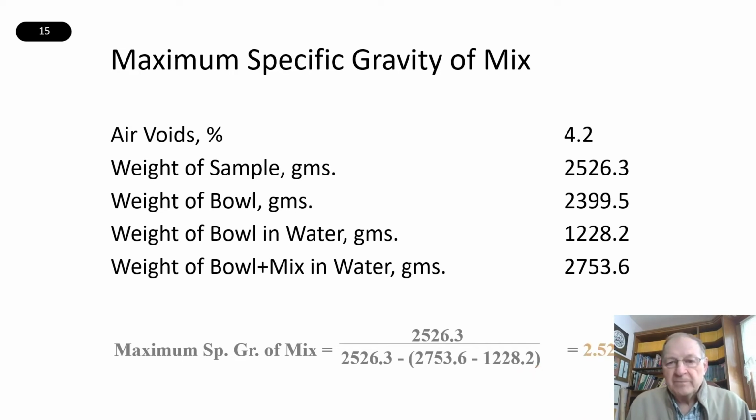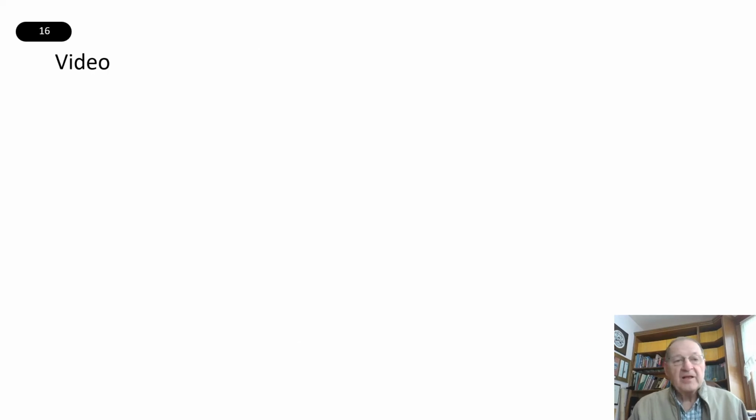So we plug the numbers in and do the arithmetic, and here you can see the weight of the sample in the air, the weight of the sample in the air minus the weight of the bowl plus the sample underwater, and the weight of the bowl itself underwater. And we get an answer of 2.524. And so that takes us to the video that shows us how to do that.